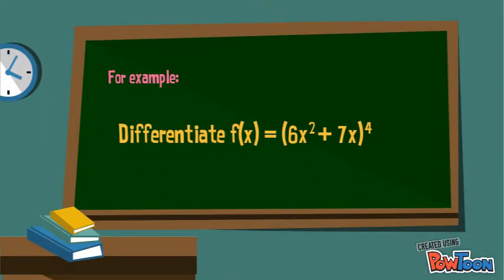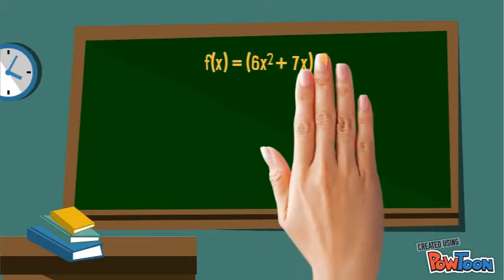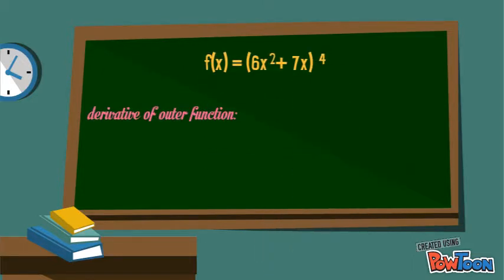Differentiate f(x) is equal to (6x^2 + 7x)^4. Apply the power rule to obtain the derivative of the outer function evaluated at the inner function. 4 is the coefficient, then subtract 1 from the exponent, so it will become 3.